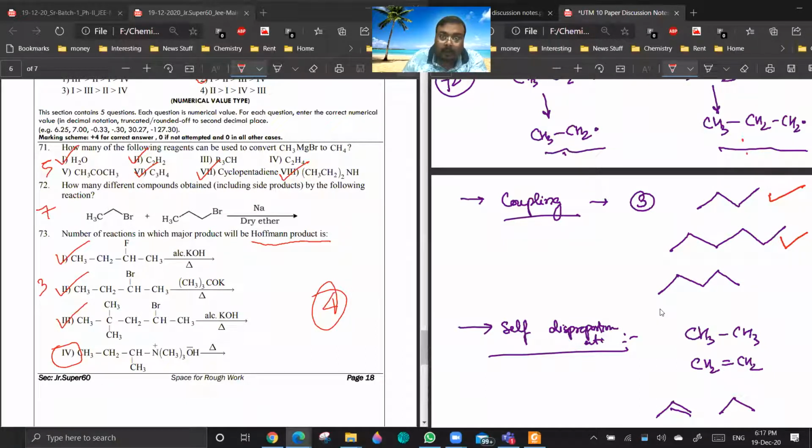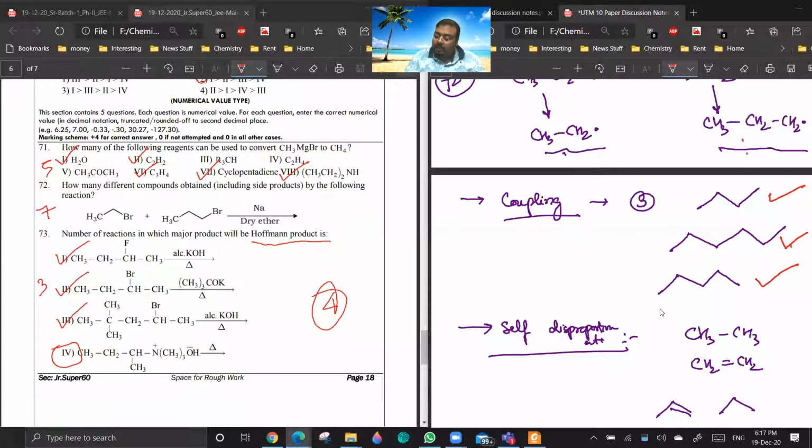This is self-coupling. There are 3 carbons, so 3 plus 3 is 6. And if there is a mixed coupling, you will get a 5 carbon hydrocarbon. Is it clear? Yes, sir. Apart from that, you'll get disproportionation reaction products. First we'll talk about self-disproportionation.